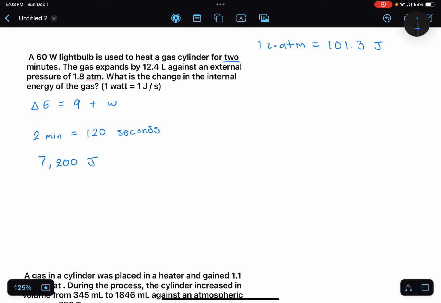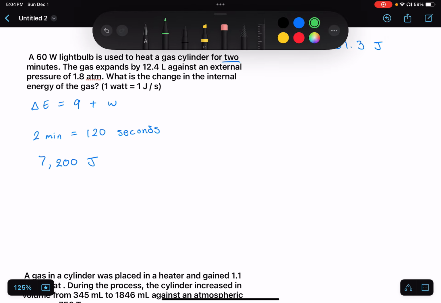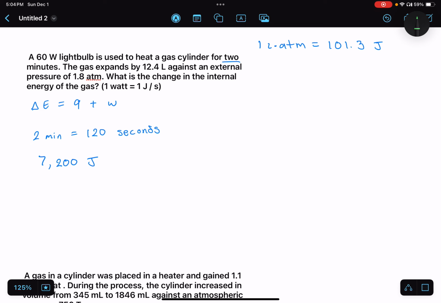All right, so W. The new formula is going to be negative pressure times the change in volume. Volume is always going to be in liters, so 12.4 liters is ready to go. The pressure is also ready to go, so we can plug in negative 1.8 atmospheres times the volume, which expanded by 12.4 liters.